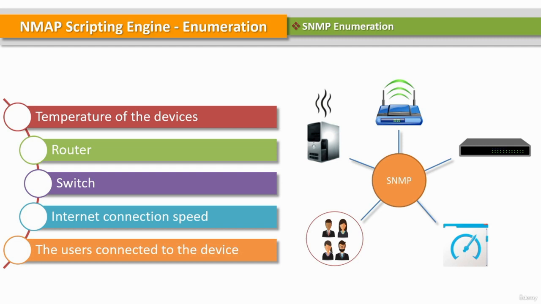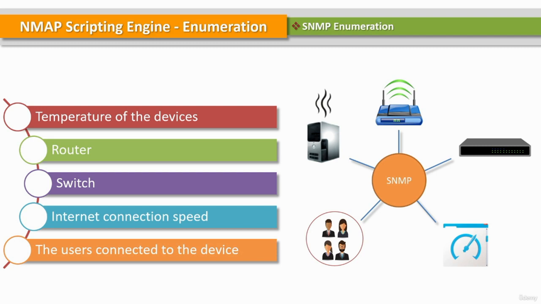So SNMP is running on port 161 by default. So SNMP enumeration, what's that? Well, the SNMP enumeration process enumerates user accounts as well as the devices on a target system using SNMP. SNMP consists of a manager and an agent.